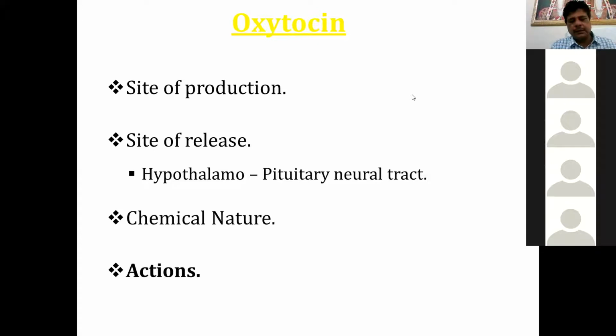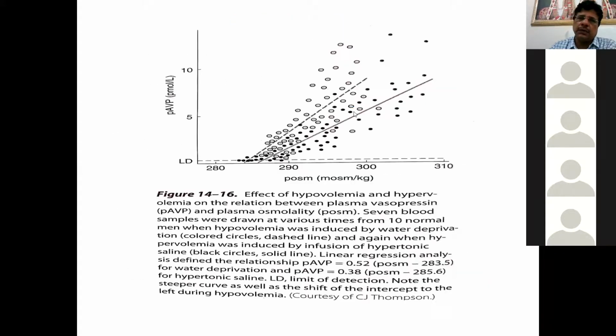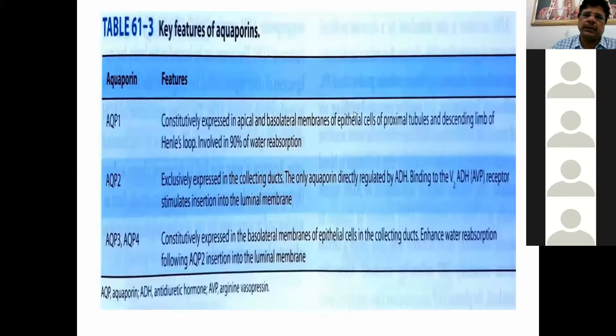So with this revision, we'll now move on to the next hormone secreted by the posterior pituitary, that is oxytocin. Oxytocin is also a nonapeptide. It has 9 amino acids.